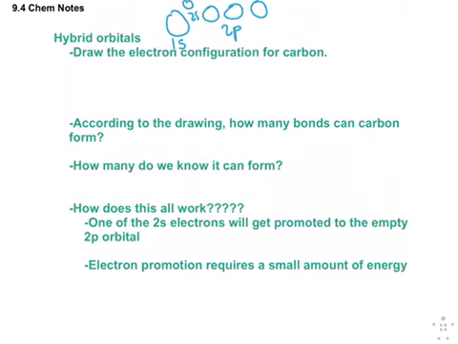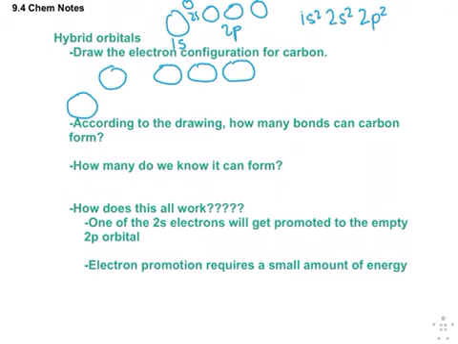So I want to practice this by drawing the electron configuration for carbon. The electron configuration for carbon would be 1s2, 2s2, and 2p2. To draw that, we draw our 1s orbital, then we have a 2s, and then 2 p's.